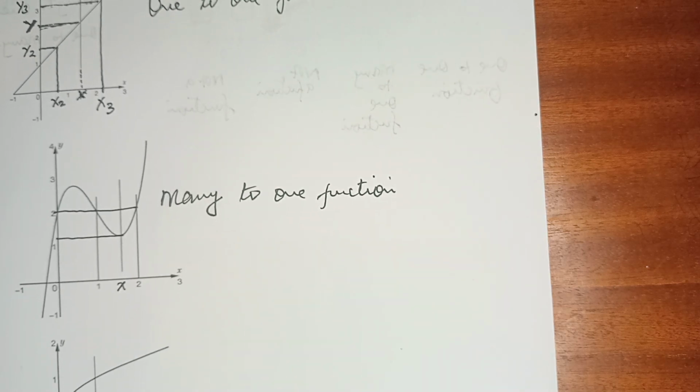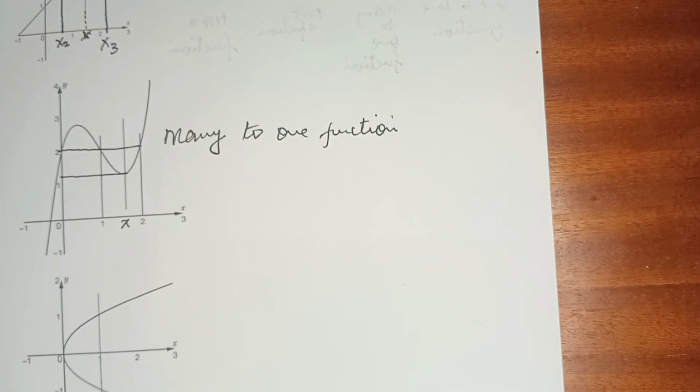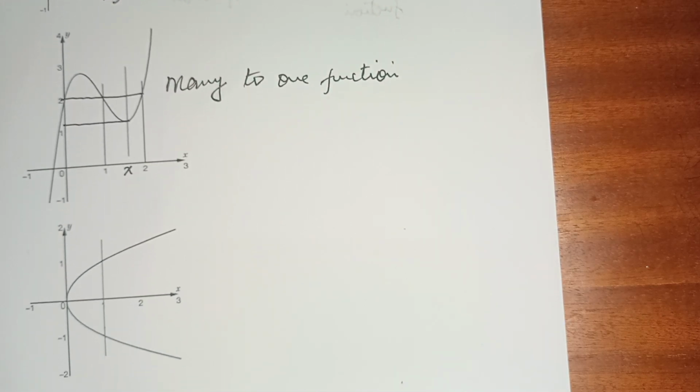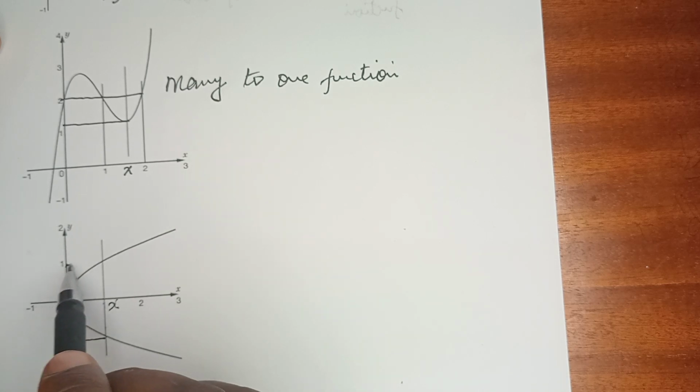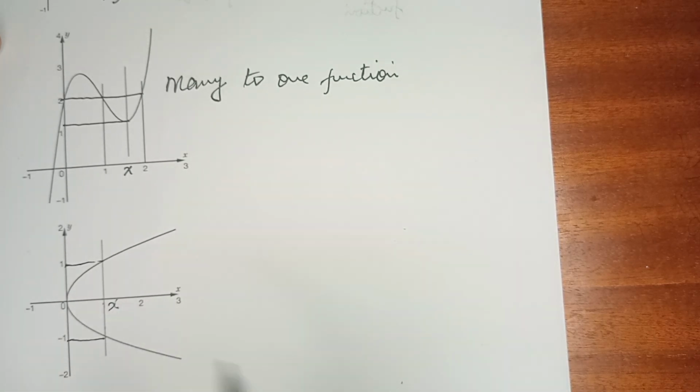Now the third graph. This is the curve of the third graph, and this is the straight line. When x is just x, y can be -1, and it can also be +1, as you can see in those two values.